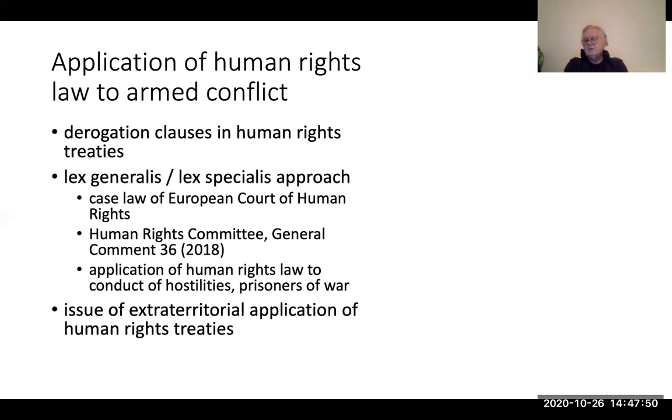And so this is essentially a jurisdictional issue. It's not about the relationship between the two bodies of law, but about the application of human rights law outside the territory where a state is involved in an armed conflict.